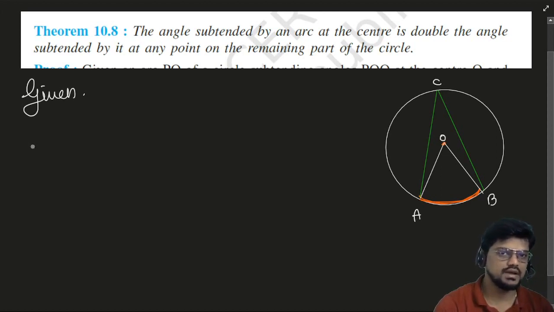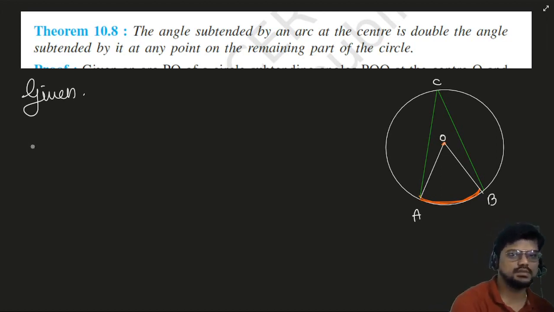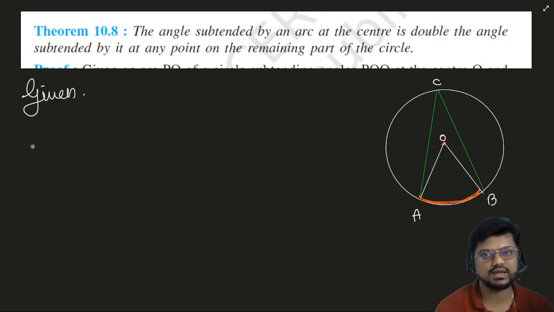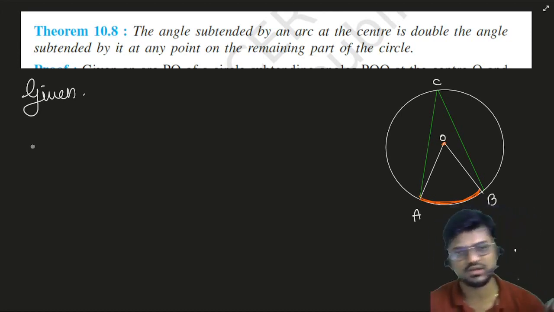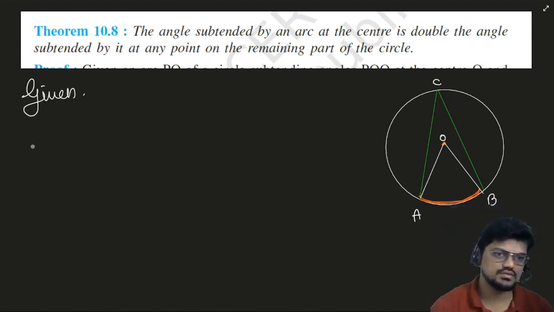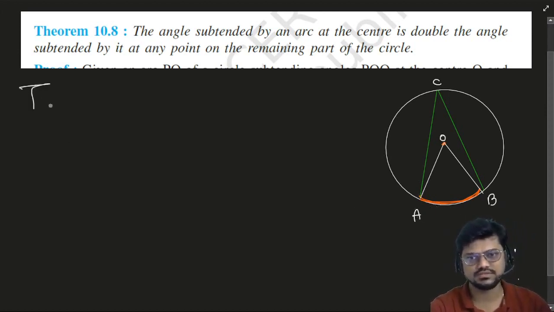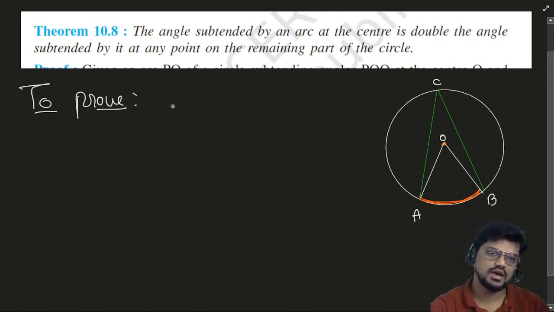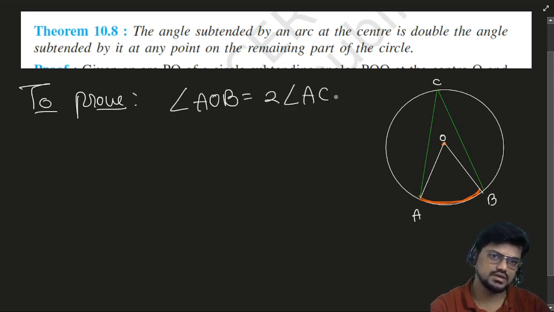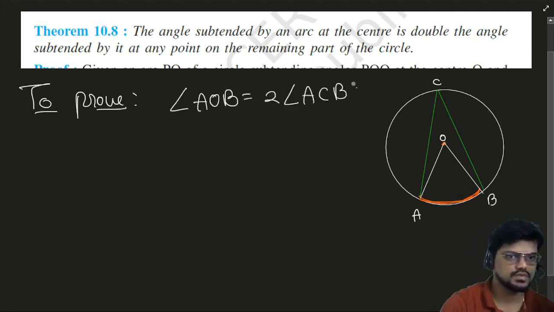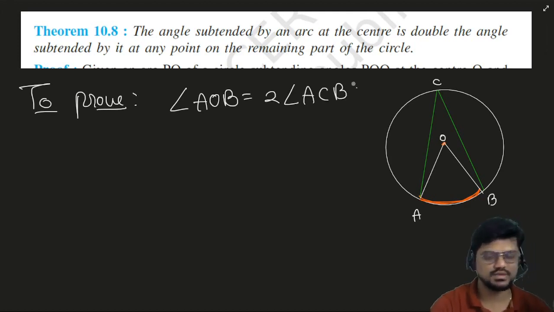The angle subtended by an arc at the center is double the angle subtended at any point on the remaining part of the circle. Nothing is given. Both the angles are on the same arc. That's what is given, right? So what you have to prove in this? To prove: angle AOB is twice of angle ACB.